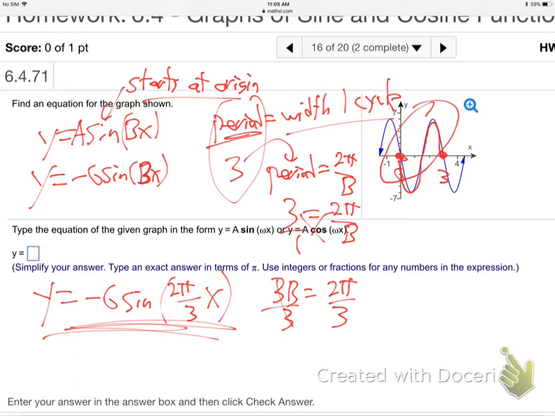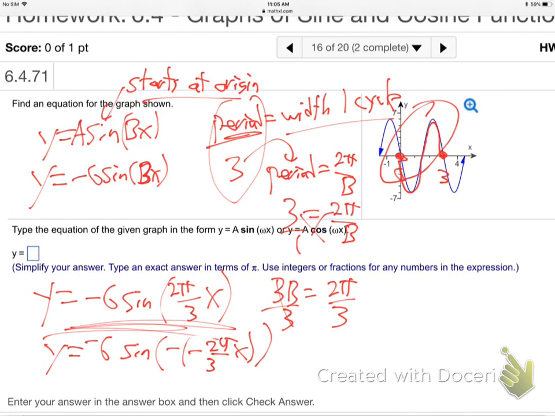Barbara? If there's a negative after the sine but before the parenthesis, and then there's a negative inside before the 2 pi thirds, and then minus whatever. Sometimes when I see weird ones like negative 6 sine negative parenthesis negative 2 pi over 3, I panic and start distributing the negative.